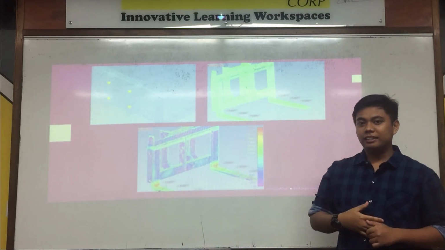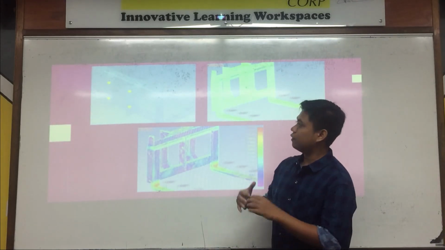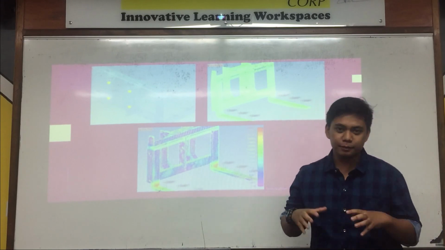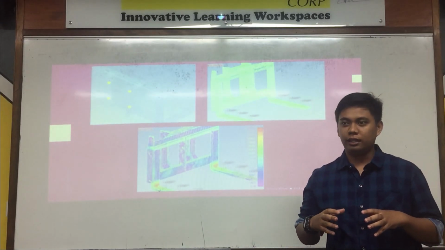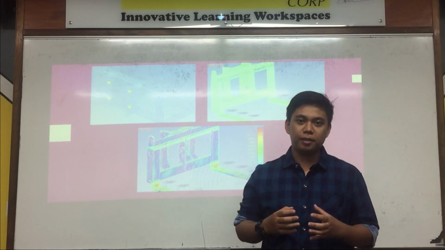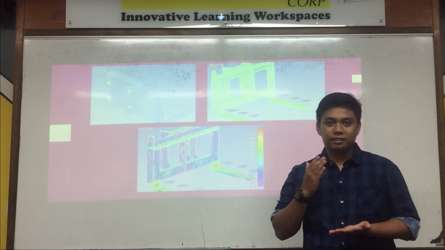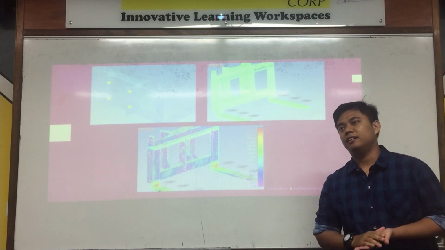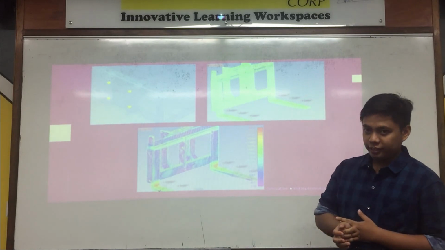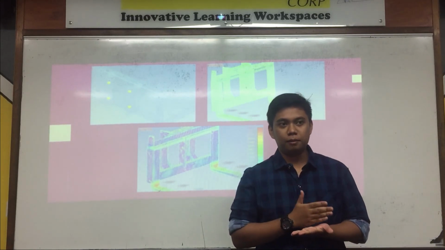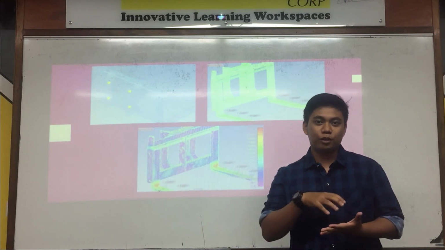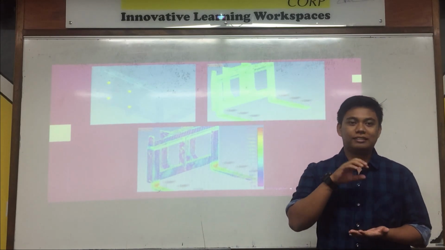So after we set the constraint, we move to the meshing process. So basically, in this project, we want to analyze which number of element is the optimum to get the most accurate data. So for our project, we use the size of element from 0.45 to 3.